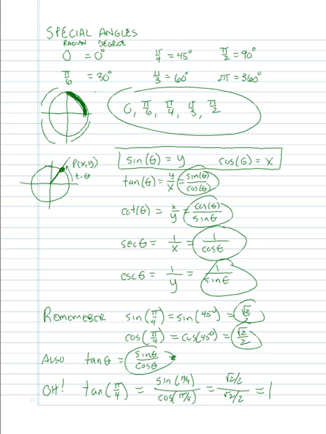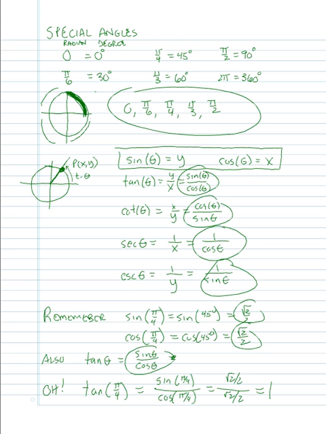Okay, let's look at the next one. Pi over 4 is the first special angle that we picked out, but let's extend this idea for a moment and look at some other special angles.